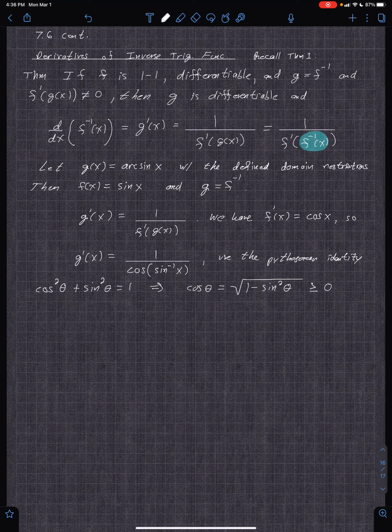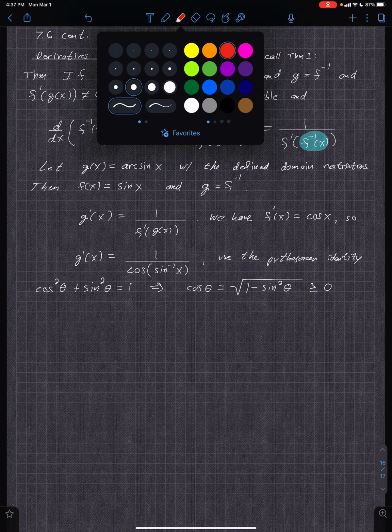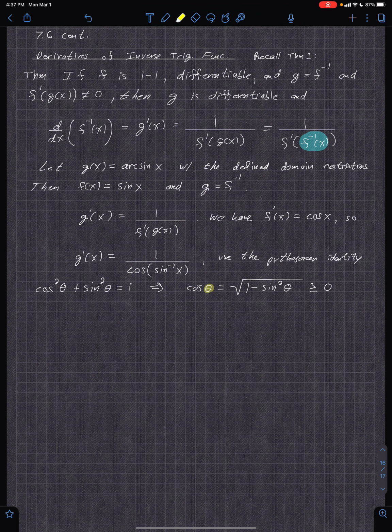And now we will substitute for cosine. So this will be written like this, and we substitute sine inverse for theta.